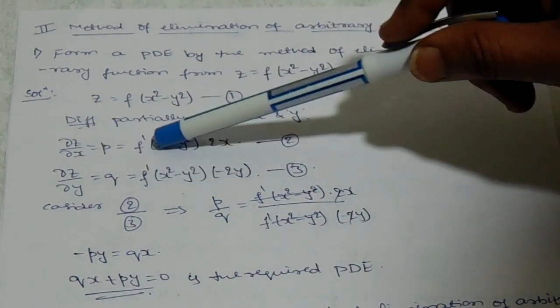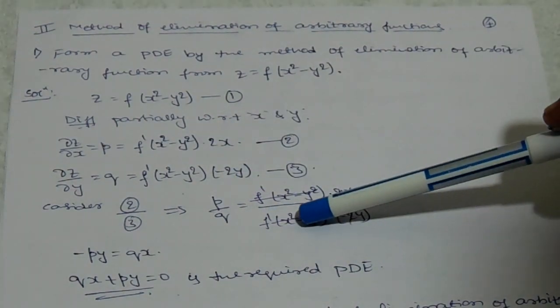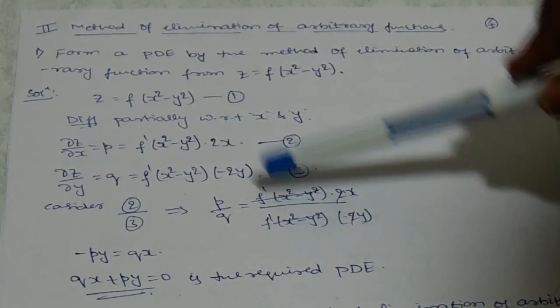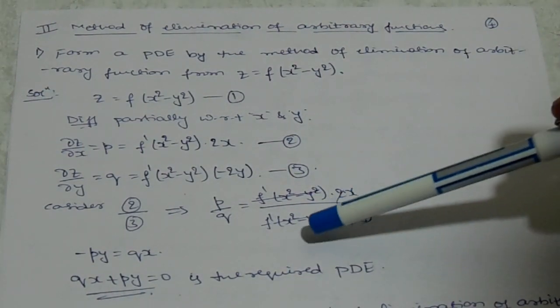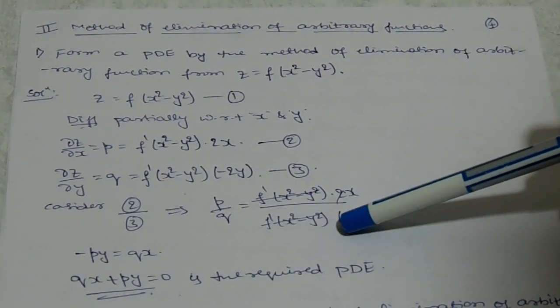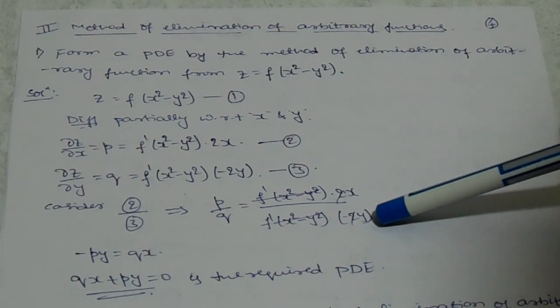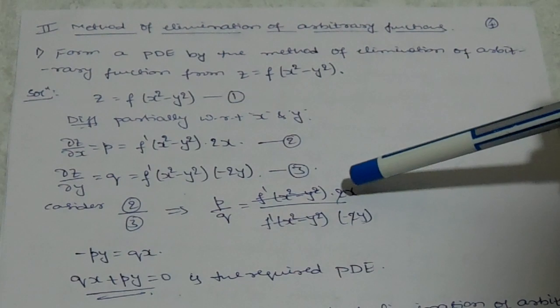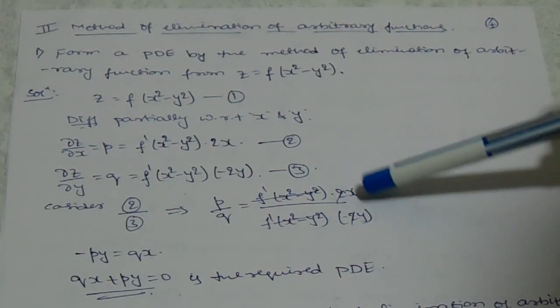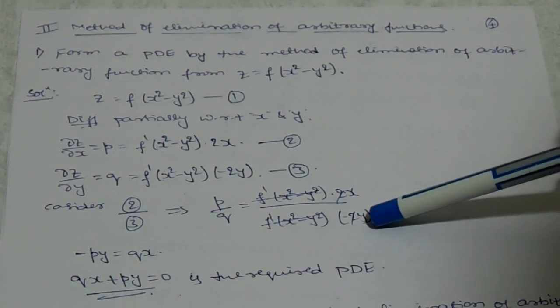Just by dividing these two equations, you are going to get p by q equal to f dash of x square minus y square into 2x divided by f dash of x square minus y square into minus 2y. So this f dash will get cancelled, and the 2 also gets cancelled. You will be left with minus x by y.